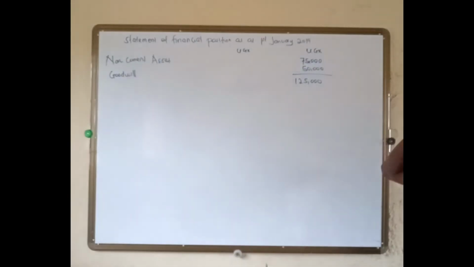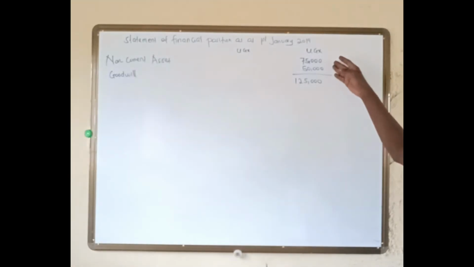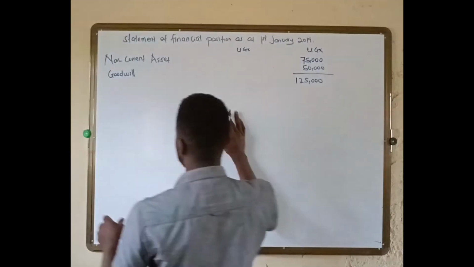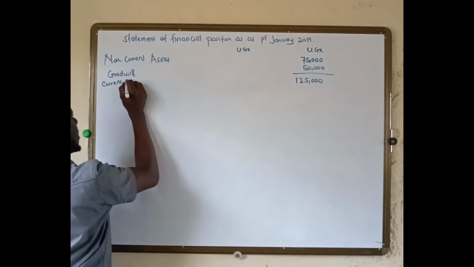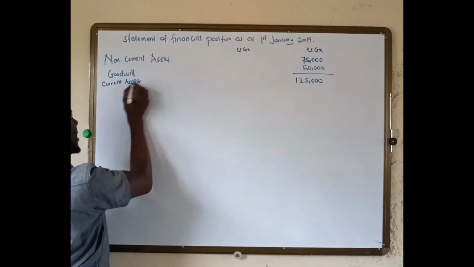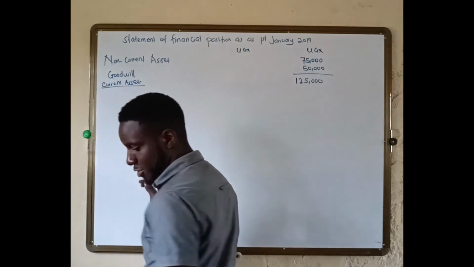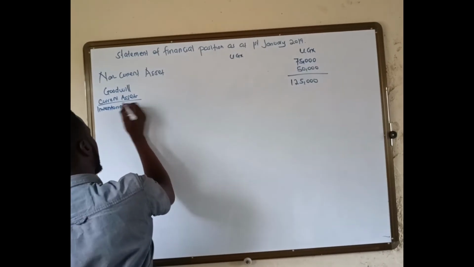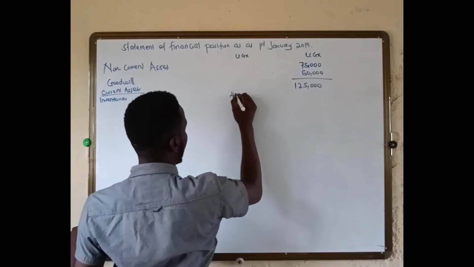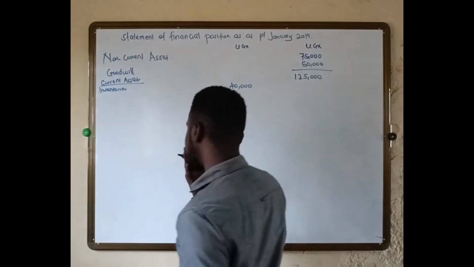So when we add our non-current assets plus the goodwill, then we had current assets in the business. So we shall come and say our current assets. If you check back in the question, we had inventories worth 40,000.